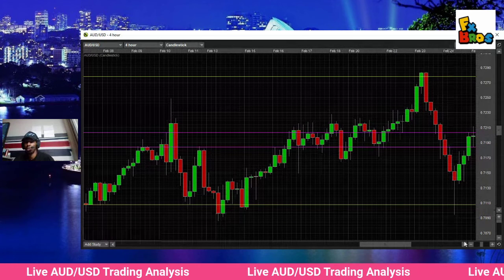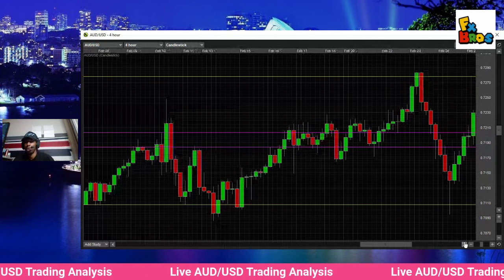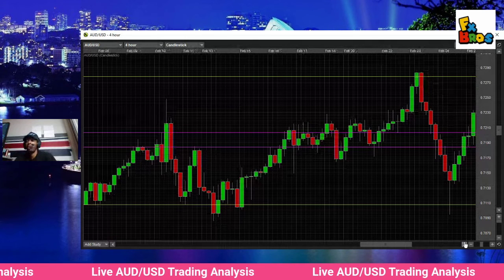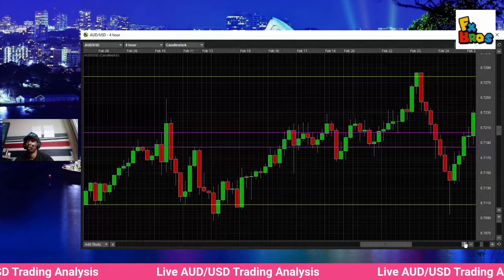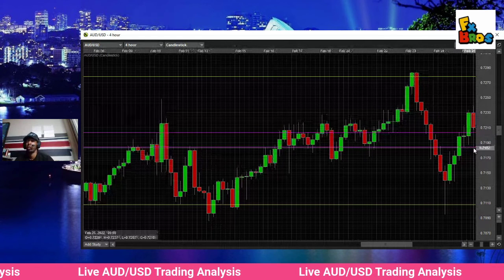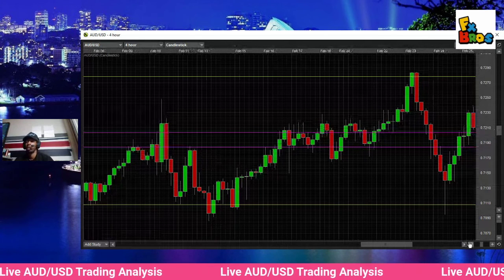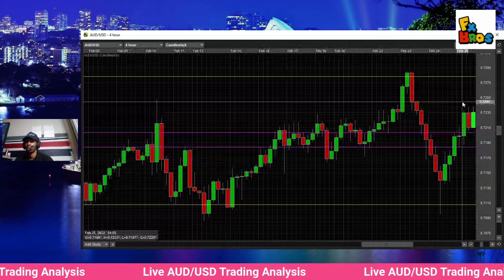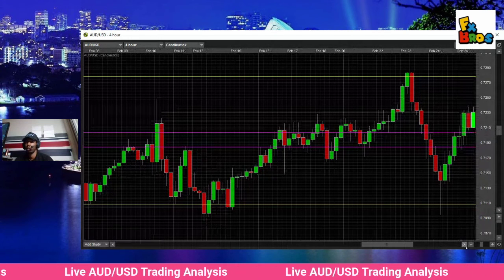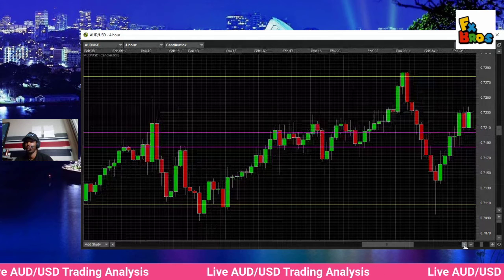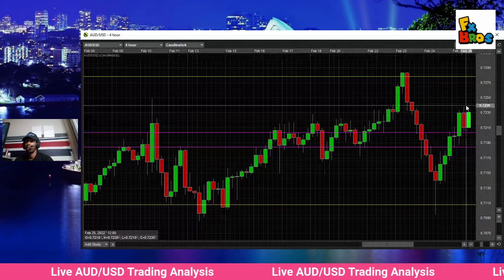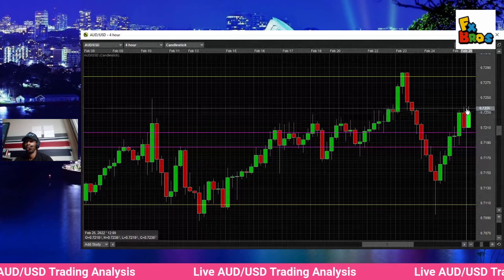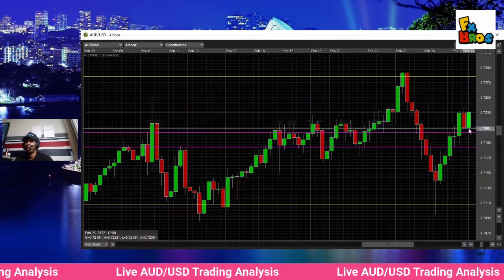So let's see what happens. Breakout, and we're gonna wait for a retest, and then we get into buys. Now we got our retest coming down. Turn around. And we're waiting for continued sales or more consolidation.